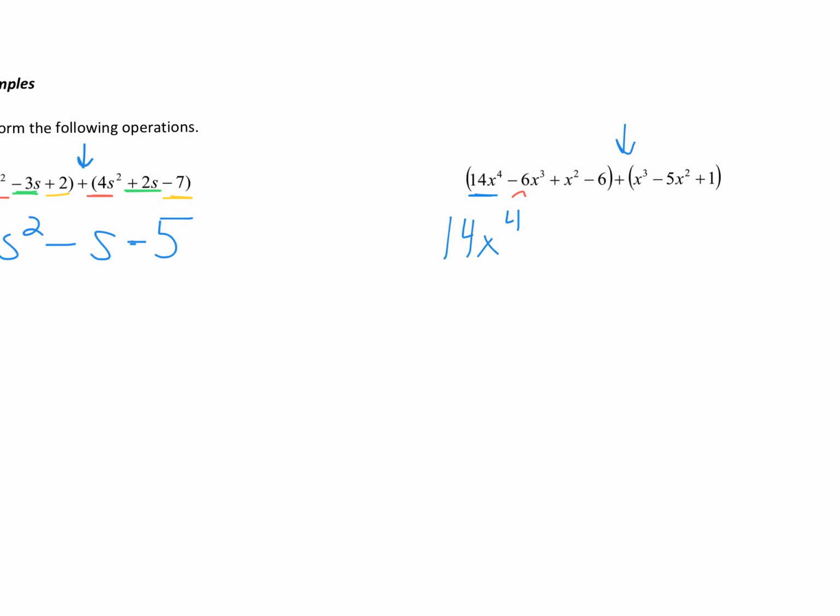Next is the x cubed. I have negative 6, and I have 1, so that's negative 5. Next would be the x squareds. 1 and a negative 5, that's negative 4. There's no x term. Don't need to write anything there. Negative 6, positive 1 will give me negative 5.